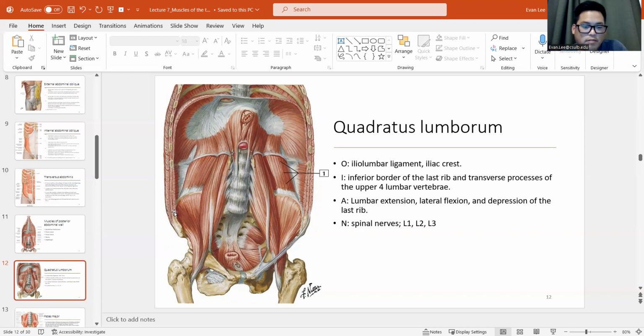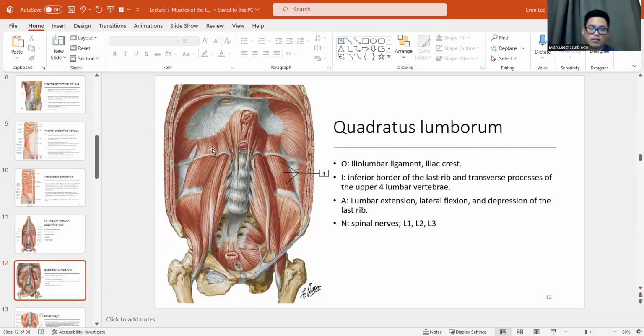That's basically what we need to look for, because this right here is the quadratus lumborum. It is going to be a blocky, four-sided muscle in the lower back, and starting at the iliac crest, it goes upwards towards your lumbar vertebrae.